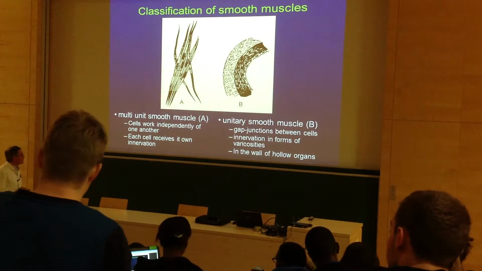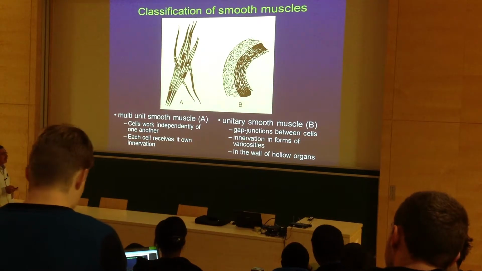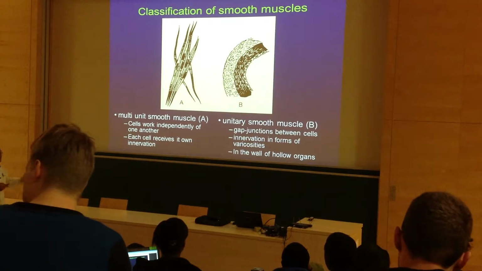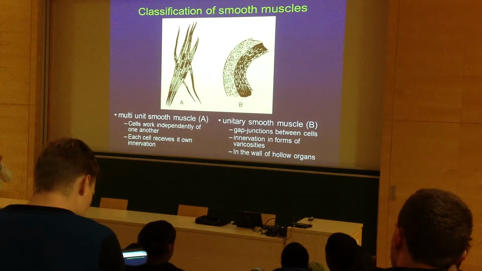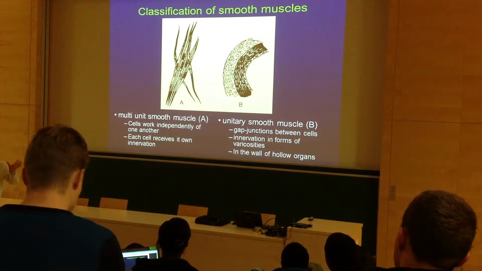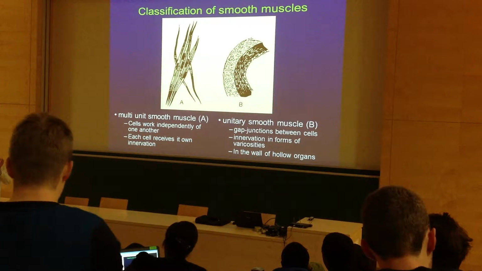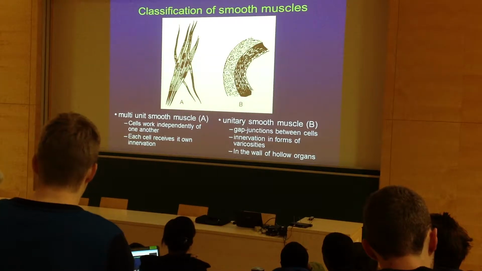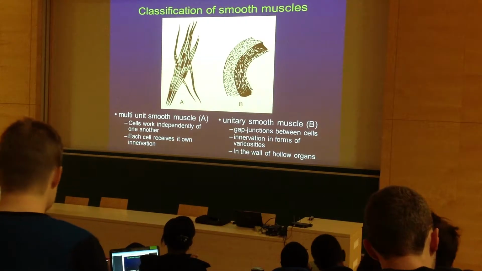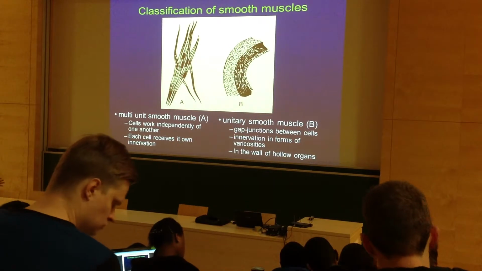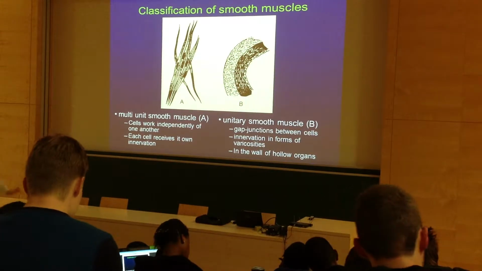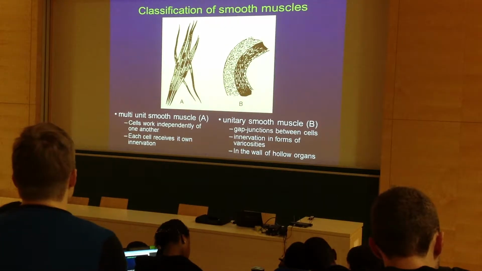Smooth muscles are usually subdivided at first. In contrast to skeletal muscle, smooth muscles are single nucleated cells. So these are normal cells with one nucleus.